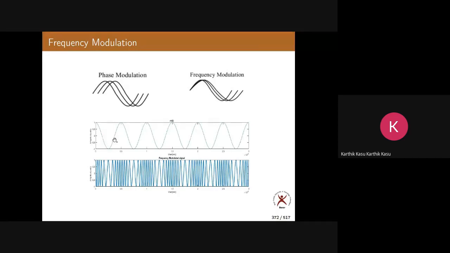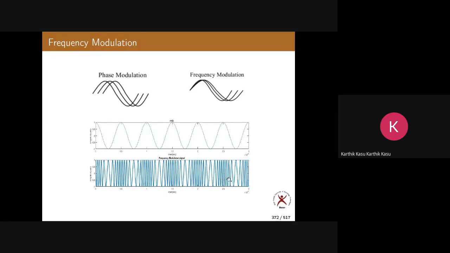Again the message is increasing, so at this point again we get maximum frequency. Again M of t is decreasing. So at this point M of t is minimum. Here also the frequency is minimum. Why? Because the carrier waveforms are not very close to each other.